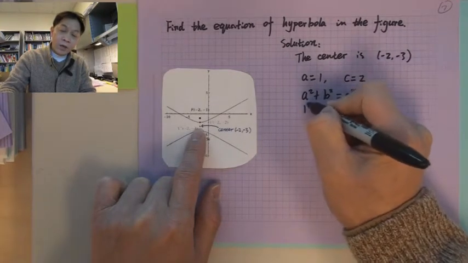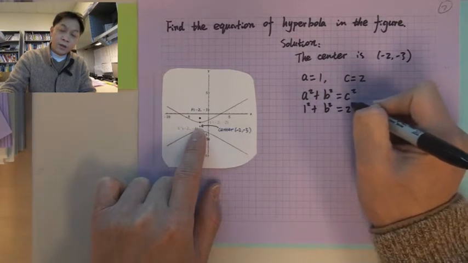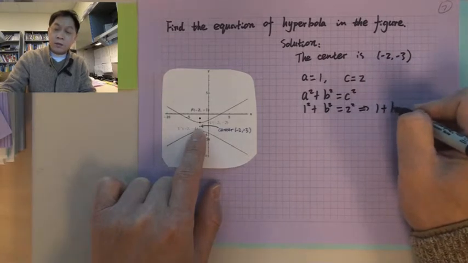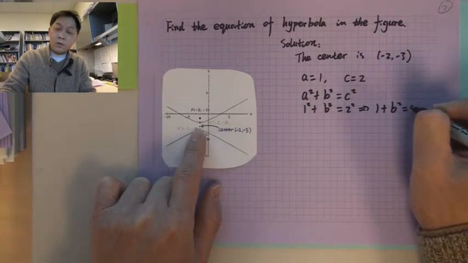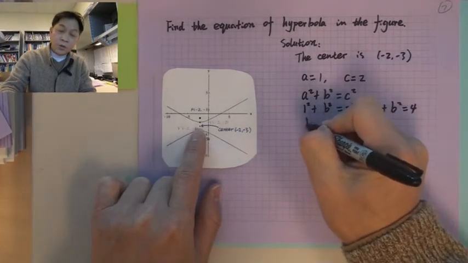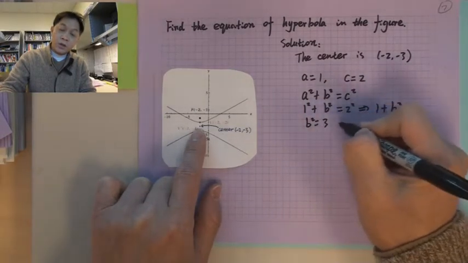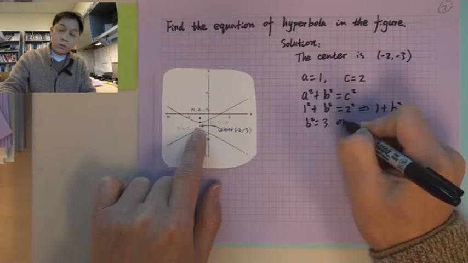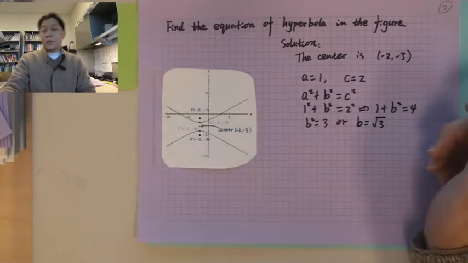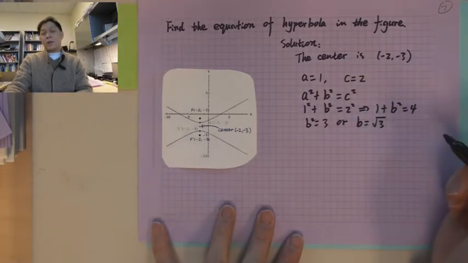So 1 squared plus B squared is 2 squared. This says that 1 plus B squared is 4, because 2 squared is 4. So B squared is 3, or B is radical 3. We really don't need B, we just need B squared.